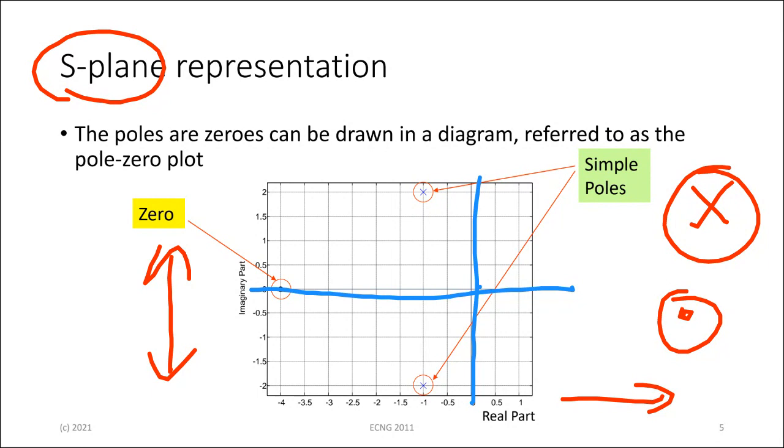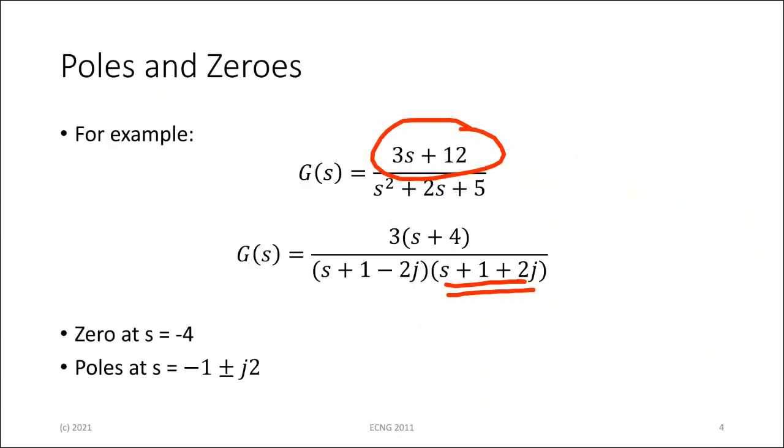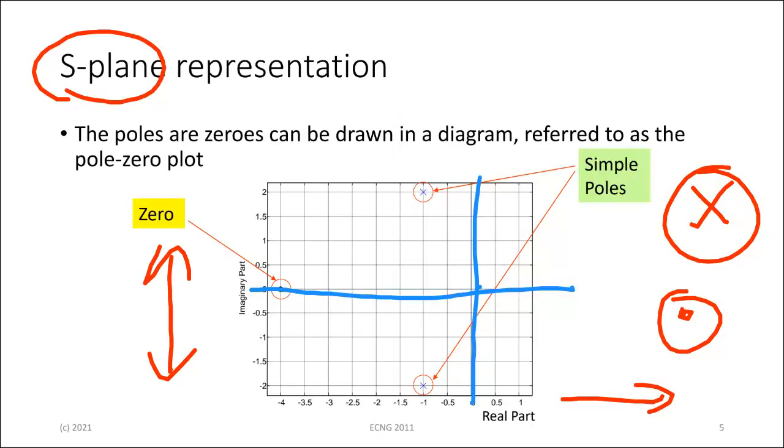And then I have a 0 at, I can't read the diagram, I drew it at s equal to minus 4. And the system, of course, has a gain of 3, an amplification of 3. This tells us certain things.